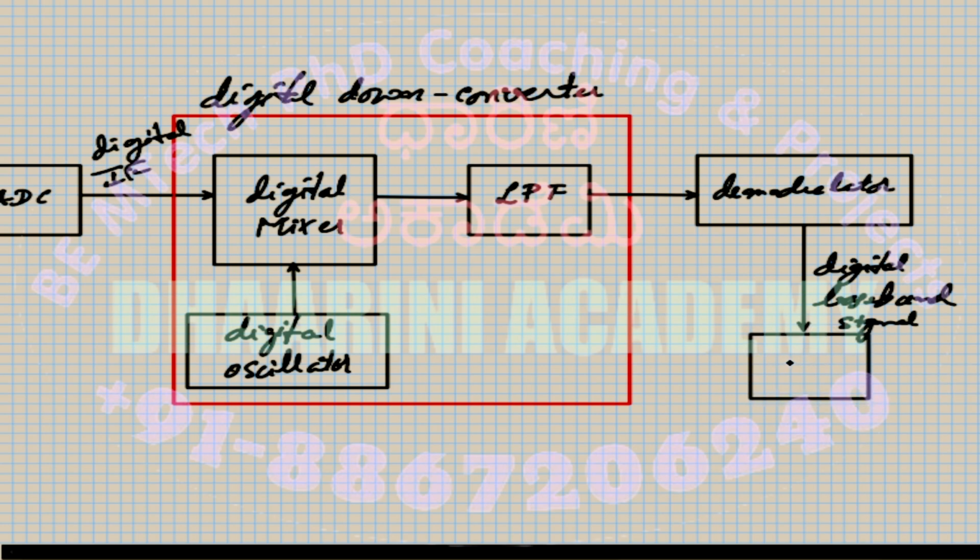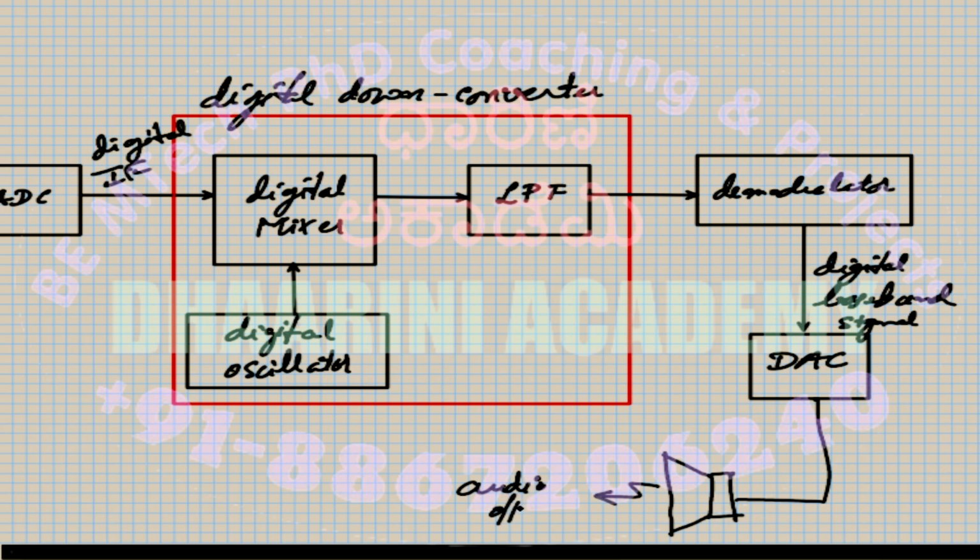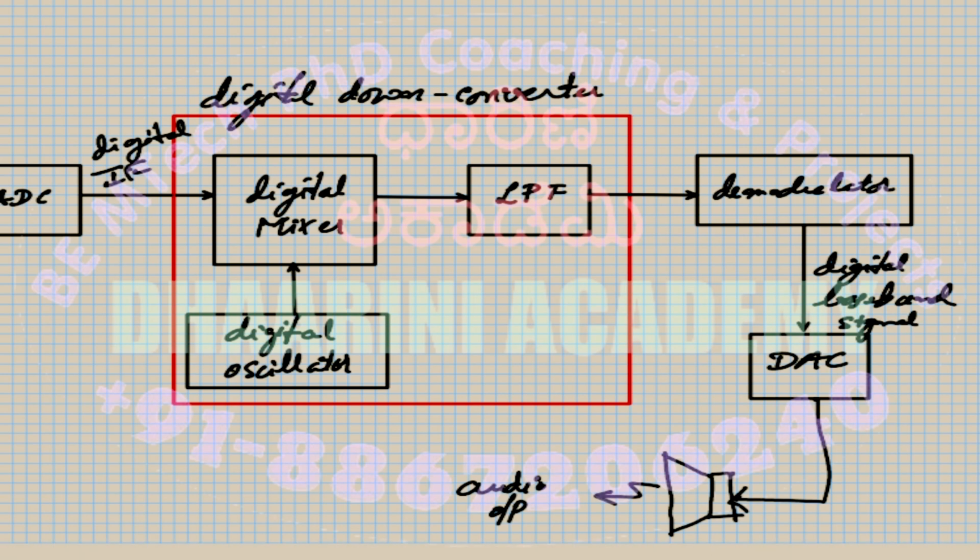So let's write this: a digital to analog converter, and provide this to the speakers for audio output. So that completes the diagram of this.